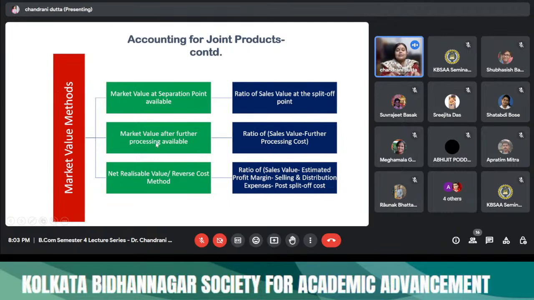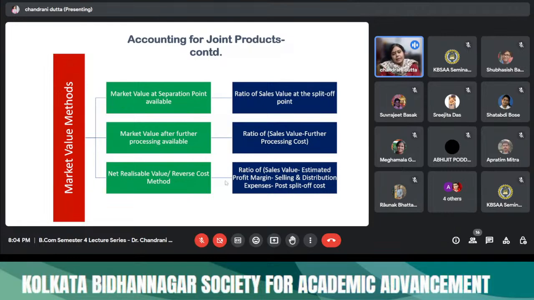Next, sometimes after the split-off point you are getting an intermediate product, and an intermediate product may not have a market. Even if it has a market, sometimes it may be difficult to get the market values, predicted or estimated properly. So a definite market is available when you further process the product.